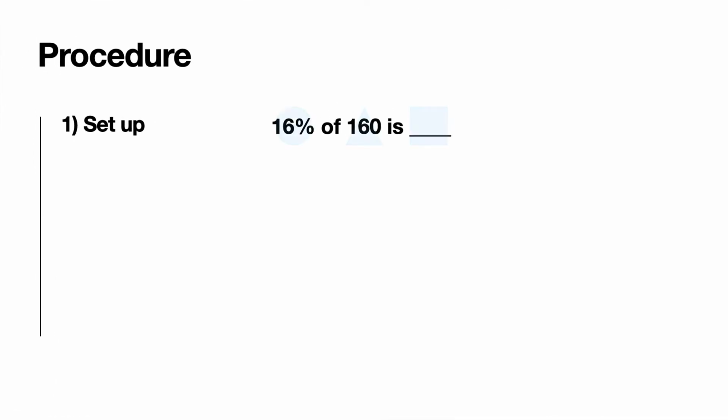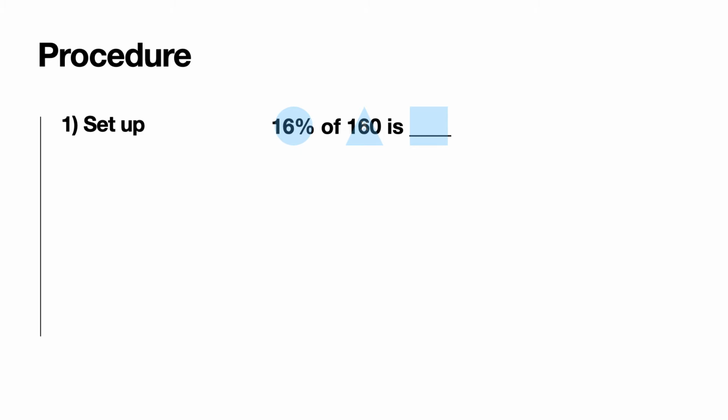Here's one type of problem. All the problems we have are going to be formatted the same way. Like, for example, 16% of 160 is something. Each of the types of problems will have a missing value.